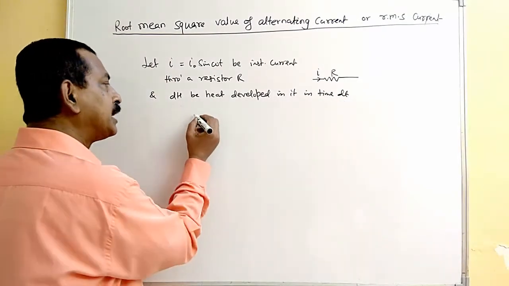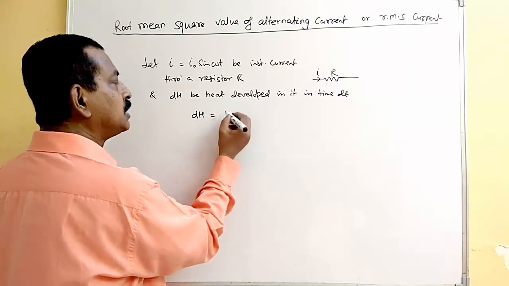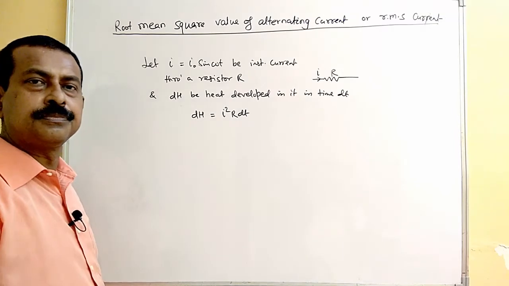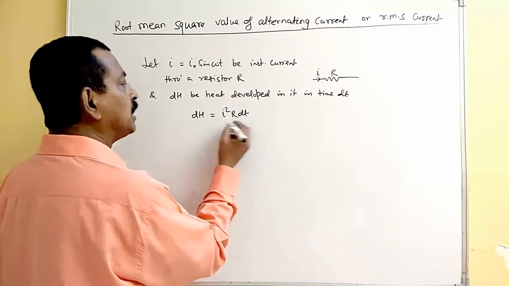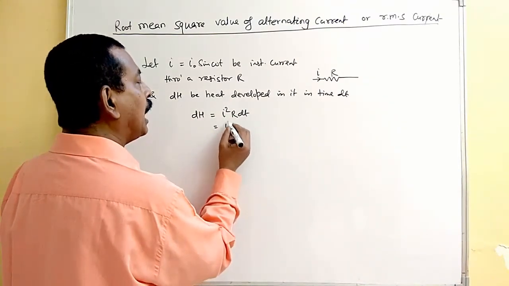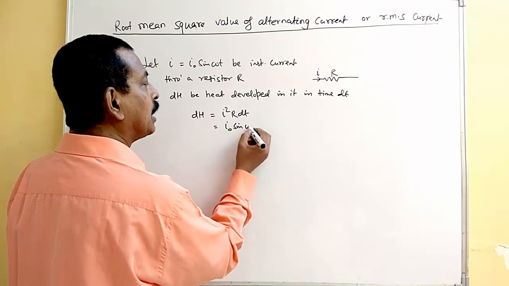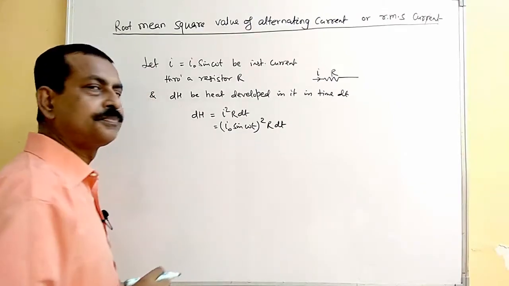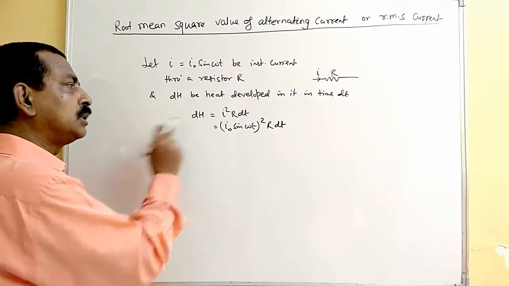So what we can write for dH is I square R dt, and this can be written as I naught sine omega t whole square R dt. So this is your dH.